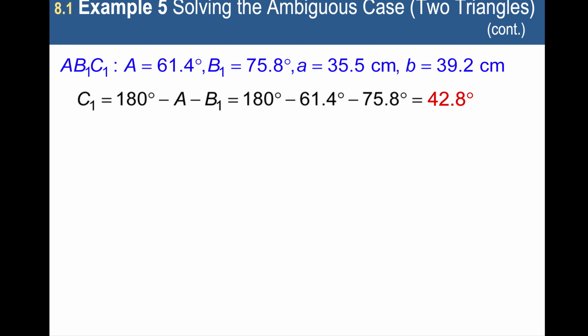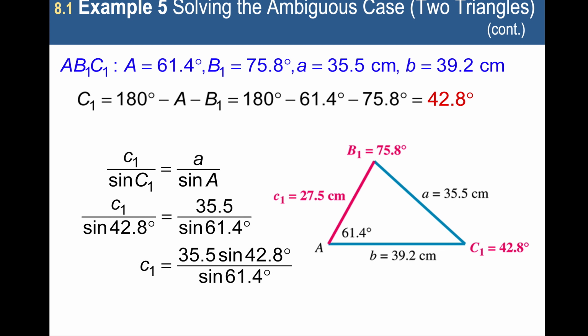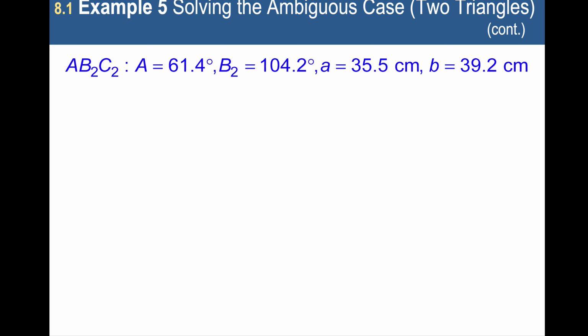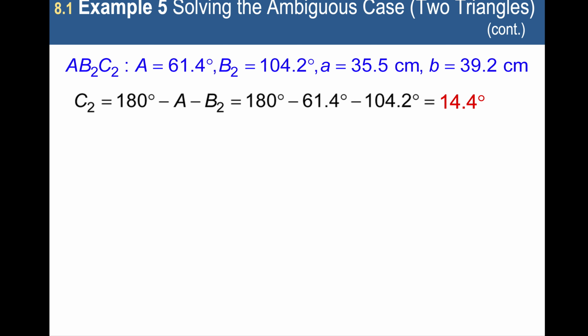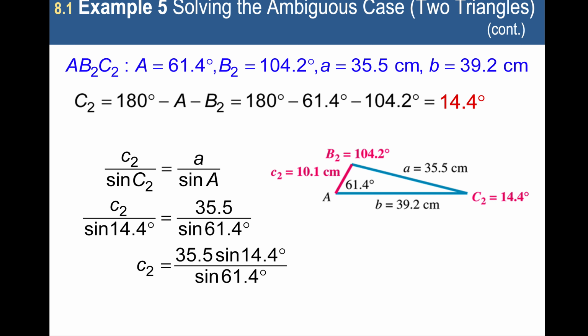If angle B is a 75.8 degree angle, I'm going to get 42.8 here. Then I'm going to solve for my C, and in that case, I get 42.8 for my side. If I solve it for the 104.2, I'm going to use that 180 minus. I'm going to apply the law of sines, and in this case, I'll get 14.4 for the C and 10.1.